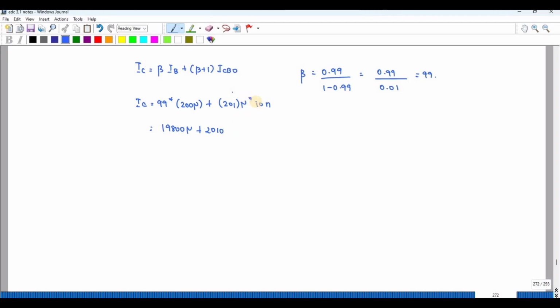This is 10 power minus 6 and this is 10 power minus 9, so you will get 10 power minus 15.